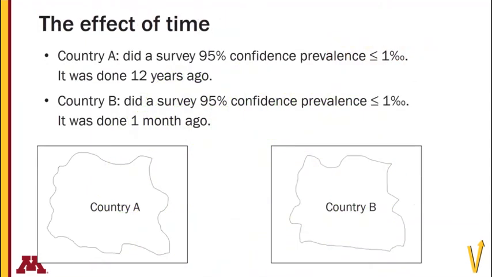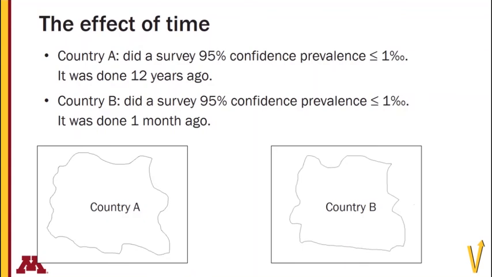Let's see now the effect that some factors may have in probability of a territory being free of disease. So to illustrate the impact of elapsed time since last survey, we have two scenarios. They are shown here as countries A and B. They conducted similar surveys and both arrived at the same conclusion.